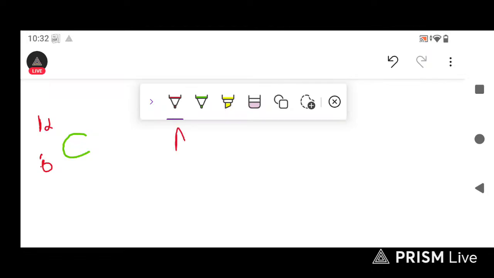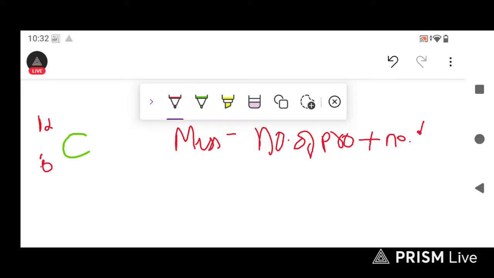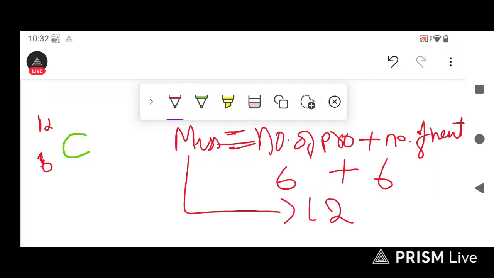Here we know that mass number is equal to number of protons plus number of neutrons. The number of protons in carbon is 6, and the number of neutrons is also 6. 6 plus 6 is equal to 12. So the mass number is 12.